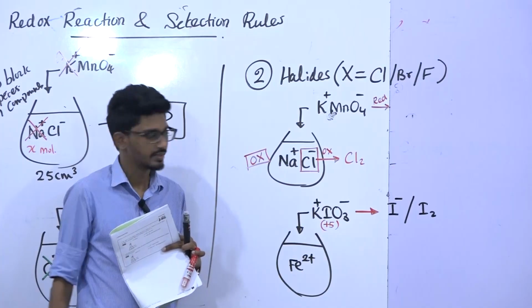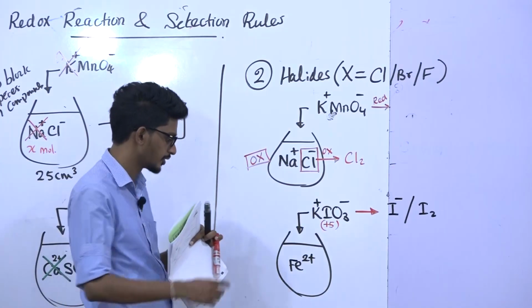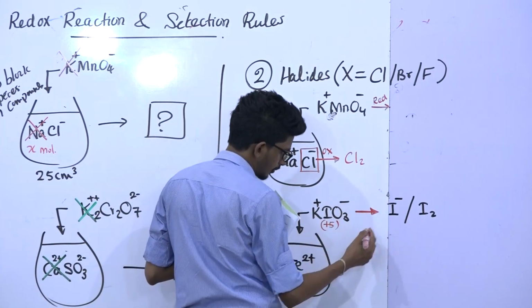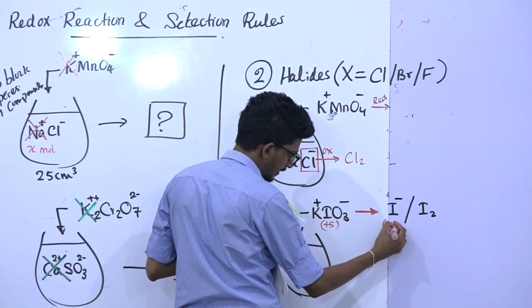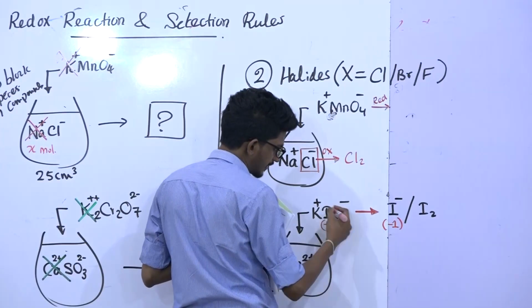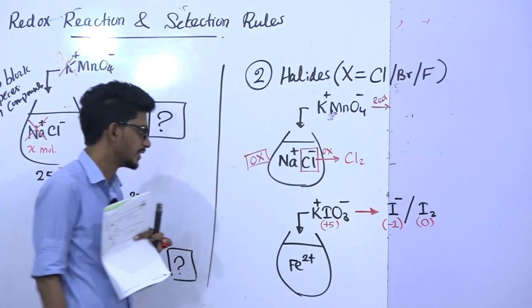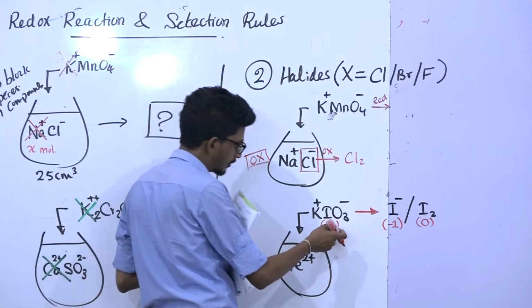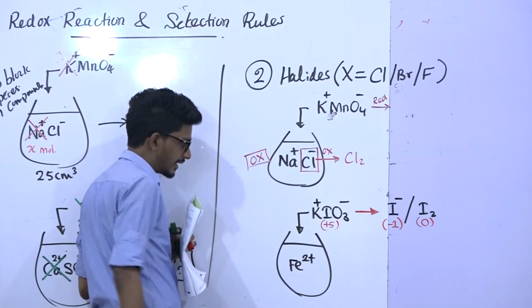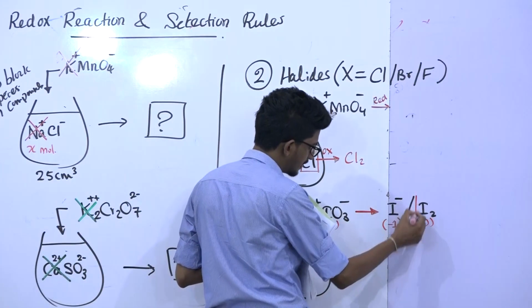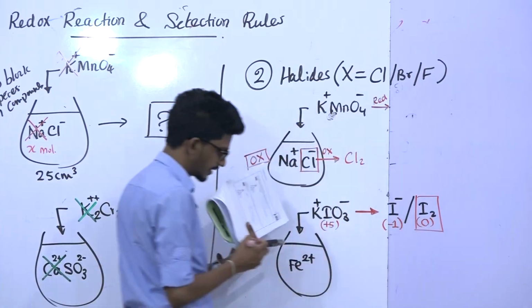That is the next thing to gather from here. If this guy comes up as the I minus form, that means the -1 form, or as the 0 form, you clearly see it is reducing from +5 towards the minus side. So, the closest oxidation state possible is this one.